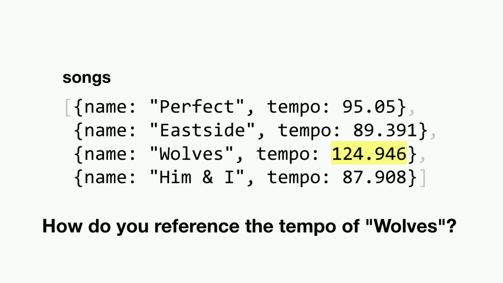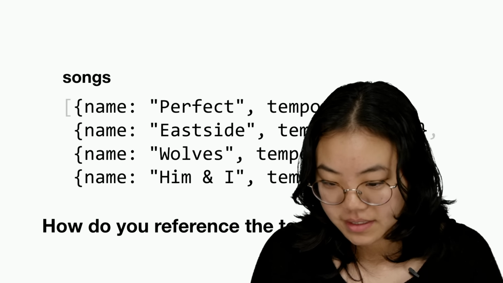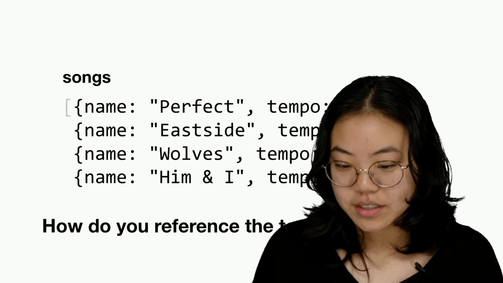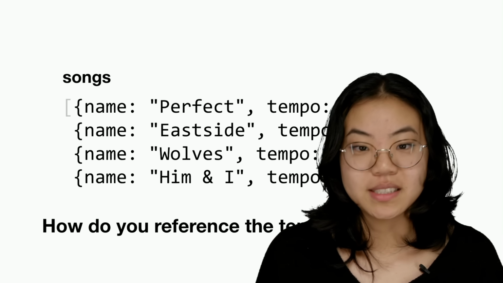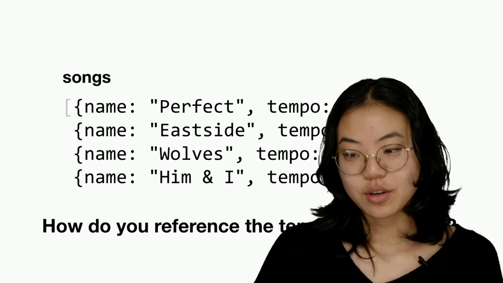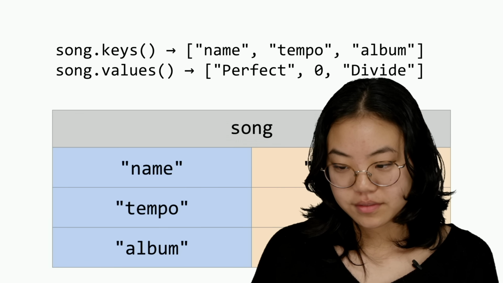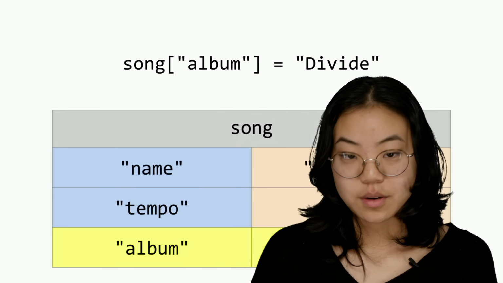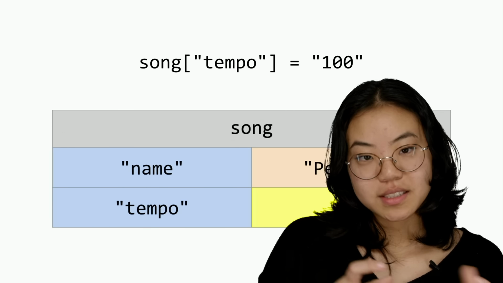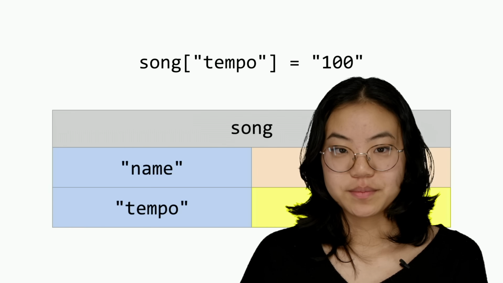Okay, so we're seeing some suggestions here. We know that it's the 3rd element, which is index 2. So it would be songs, and then our square brackets 2. And then just as we have the square bracket notation here, you could do songs, square bracket 2, and then square bracket tempo.